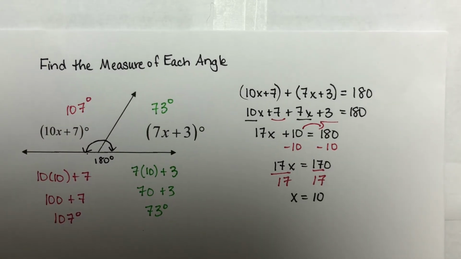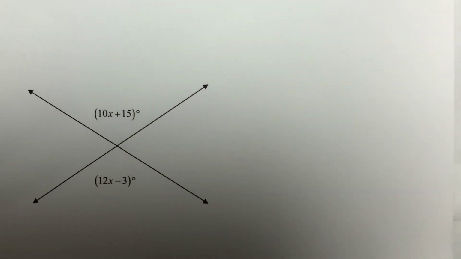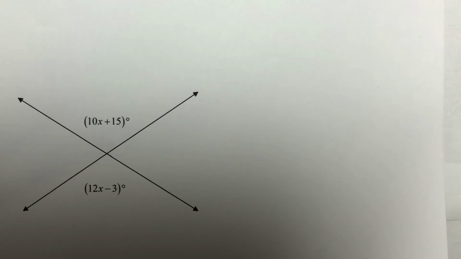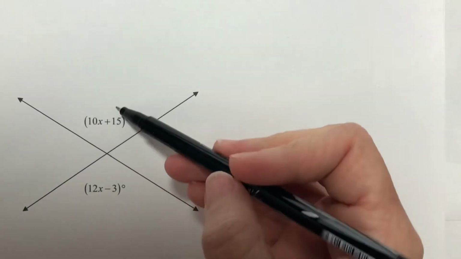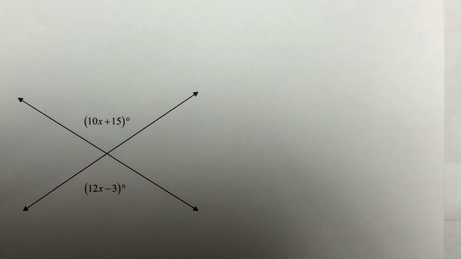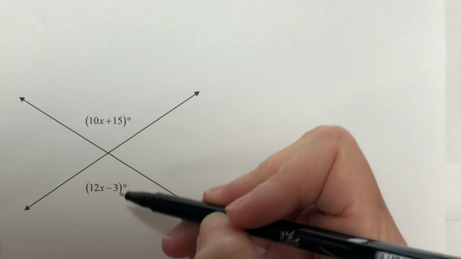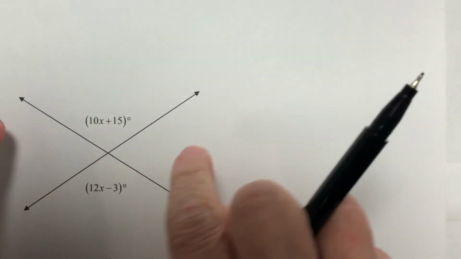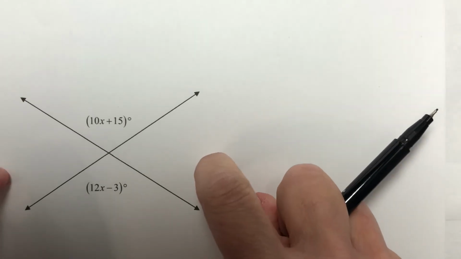Okay. Now, this next problem is not a type of geometry we have seen yet. When you have two lines that are intersecting, or actually three or more as long as they all go through the same point, angles that are directly opposite each other, so these two angles and these two angles, those are called vertical angles.